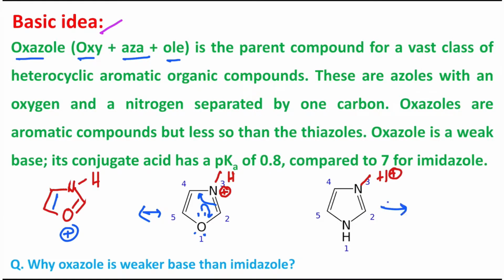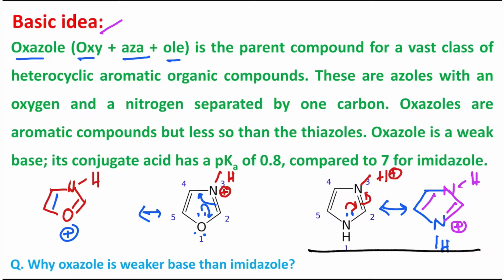Similarly, if you check the canonical form of imidazole, it looks like this: this is the NH, meaning in this case you may consider that the lone pair will be donated and it will be taken. So you can see this is the double bond, this is the N, this is the H, and there is the positive charge. Now if you compare both, the canonical forms can be described by a specific term, equivalent canonical form.